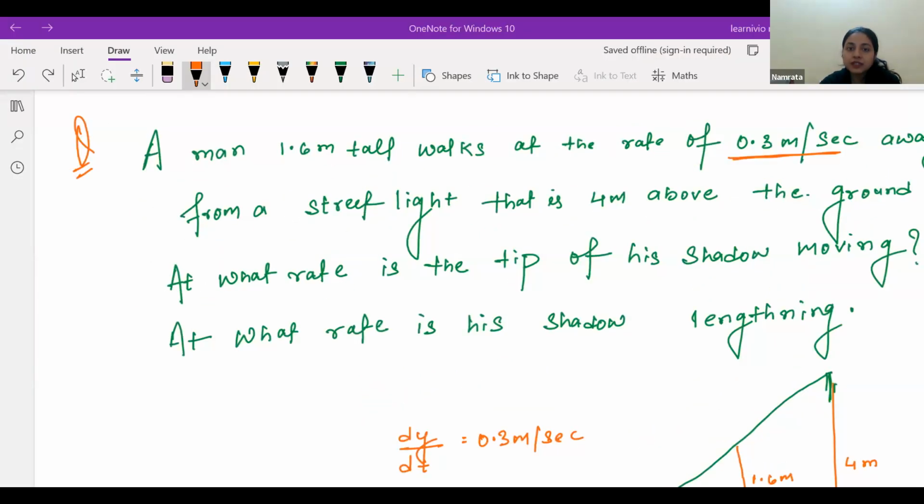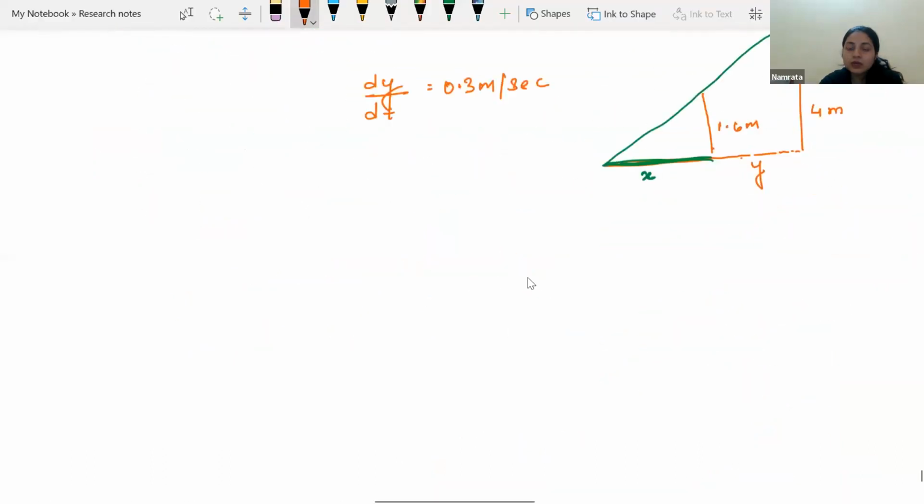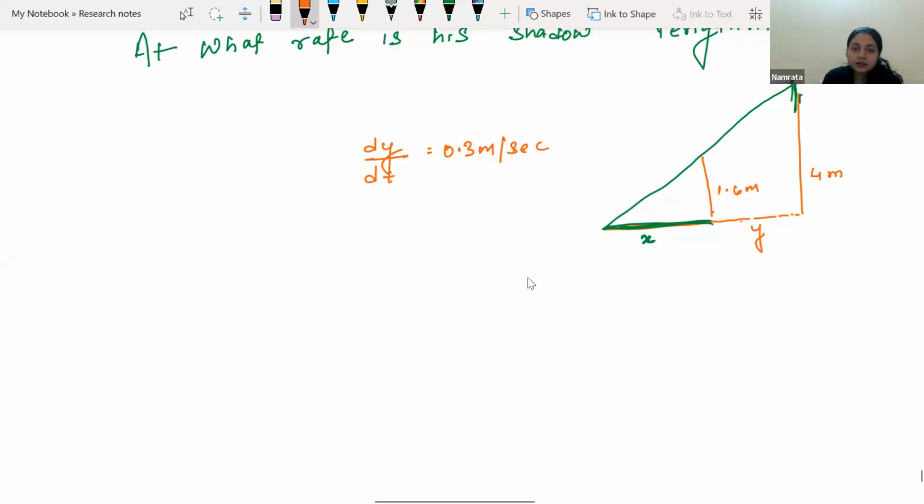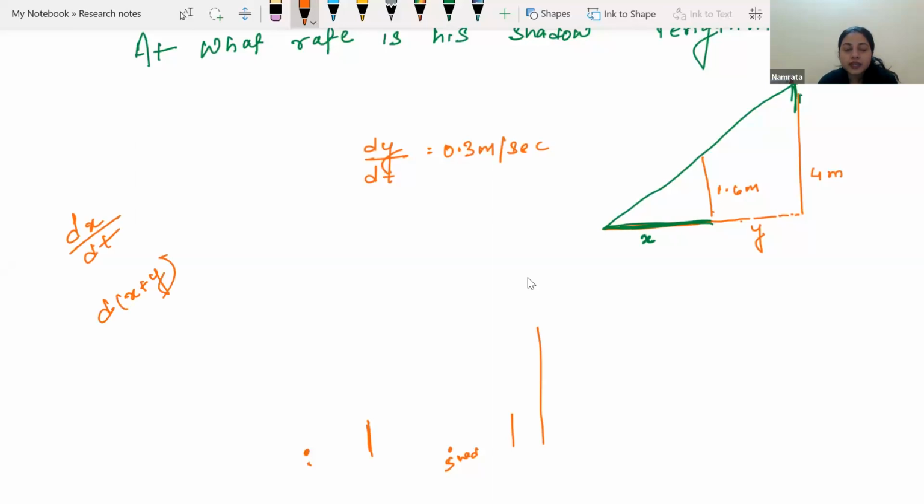X, we have to find dx over dt, as I have shown, tip of the shadow is moving. If you focus on the figure, if the man is here, here we have the tip of shadow. If the man is here, here we have the tip of shadow. That means the rate at which tip of the shadow is moving, will it be dx over dt, or dx plus y over dt?